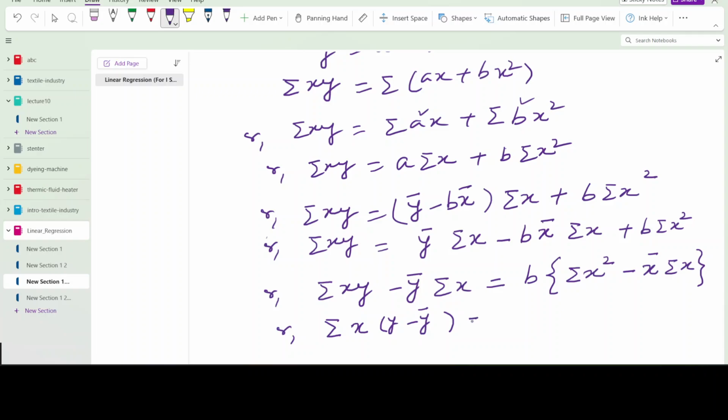We have rearranged it, and then here again we can write it like this: sigma x into (x minus x bar), this will be sigma x square minus x bar sigma x.